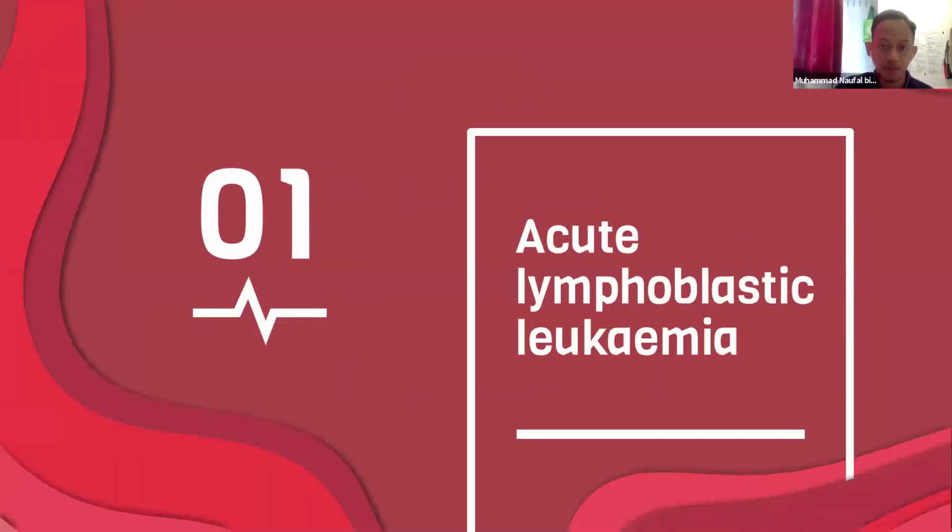Okay, so now I will present only two examples of leukemia, which are acute lymphoblastic leukemia and acute myeloid leukemia, as they are the most common in pediatrics. So first, acute lymphoblastic leukemia.